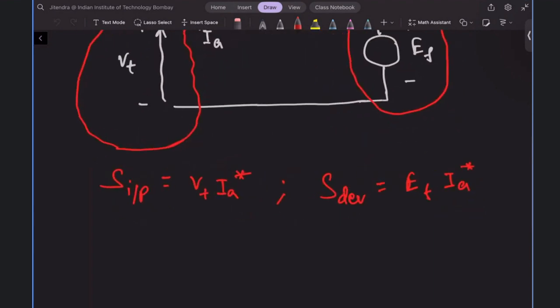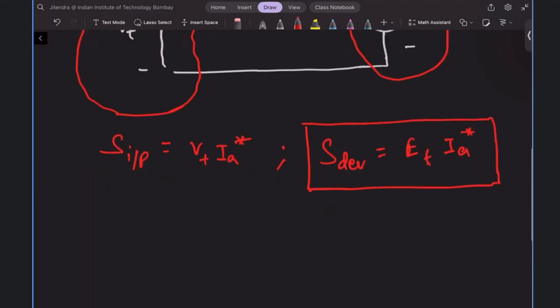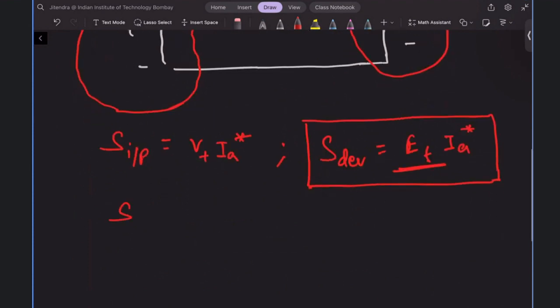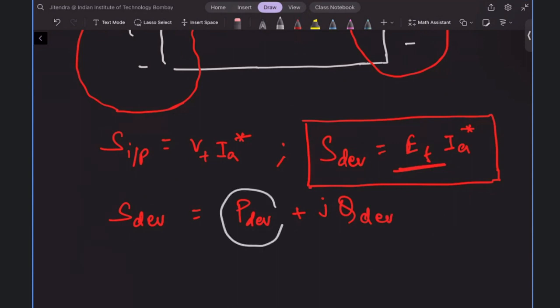If there is no doubt, then let us move ahead with developed apparent power. Okay. So we have to find the EF, and S developed, you can always break it as P developed plus j Q developed, right?